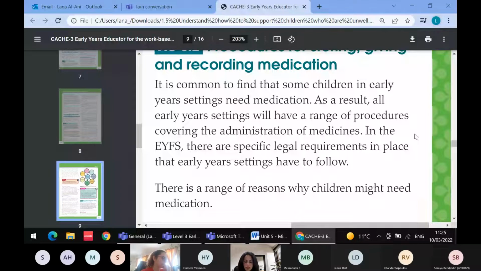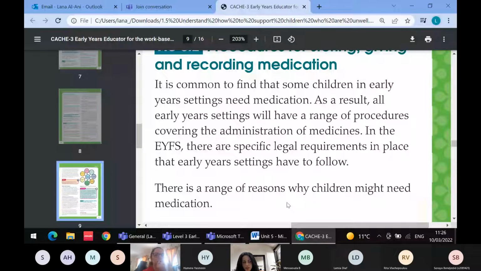Very good. So according to the EYFS, there is a legal requirement. We should keep this medication in locked cupboards with a key, and it should be clearly labeled. This is required by law.